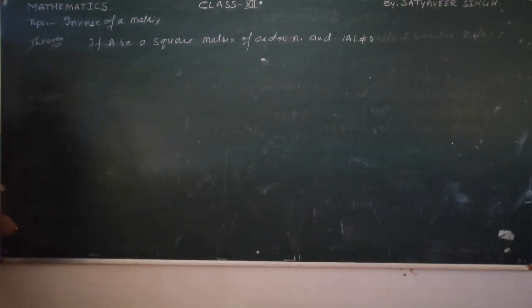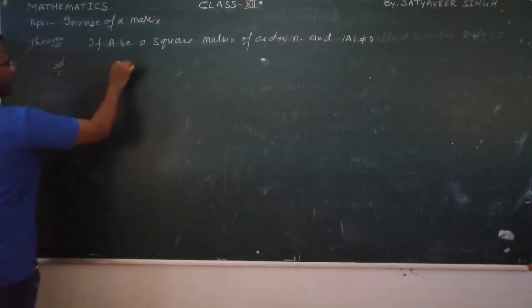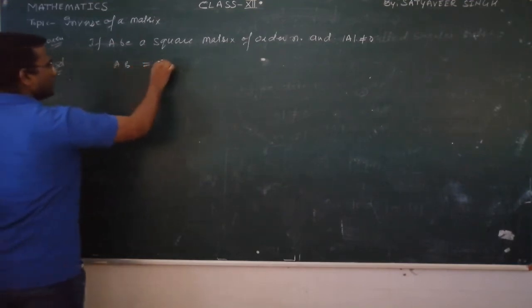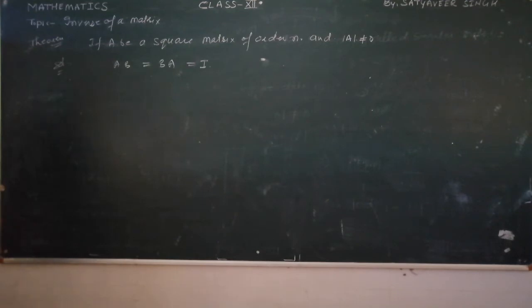This is not exactly as per the book language, but the meaning is this only. We have written here the result: if AB is equal to BA is equal to I, then we can find the inverse.